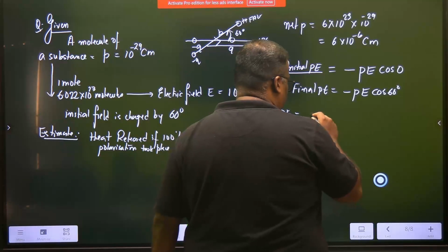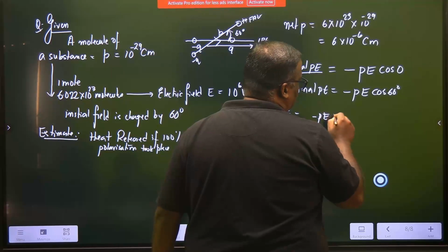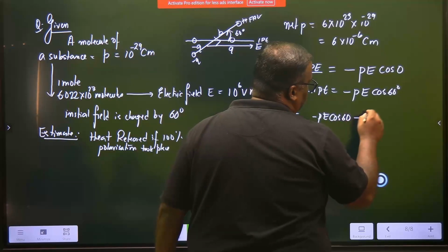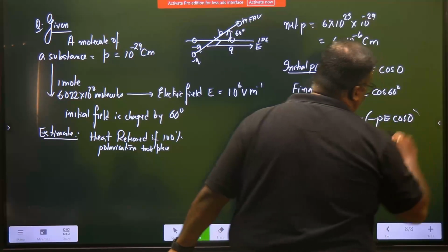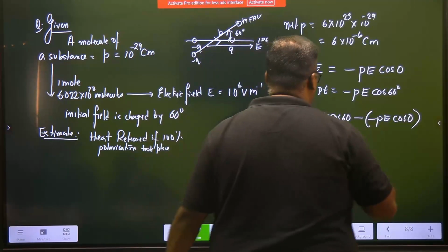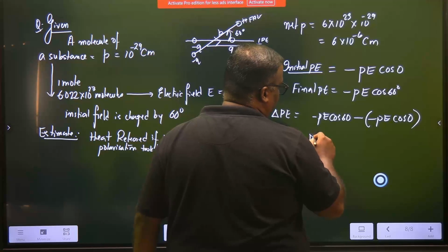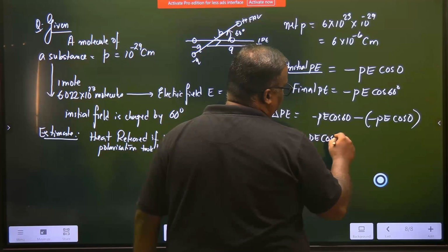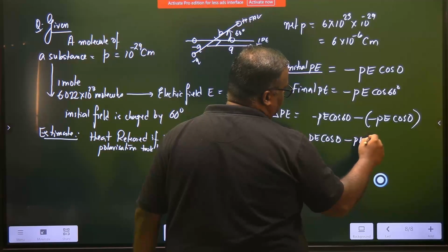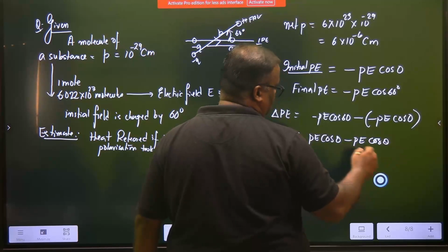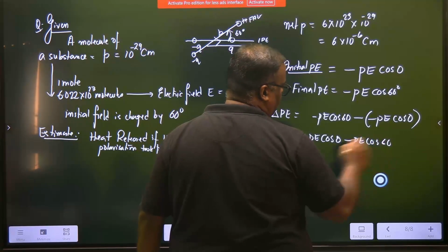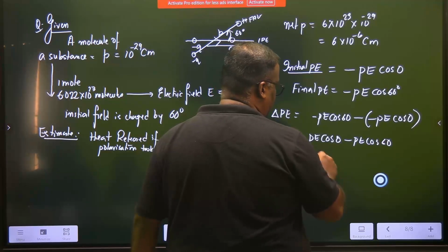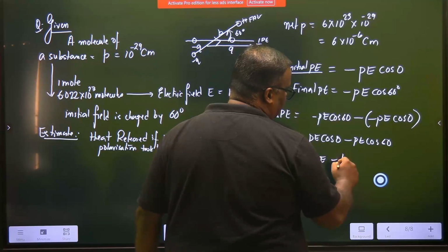So minus PE cos 60 minus of minus PE cos 0. So this will become plus. So it's basically PE cos 0 minus PE cos 60.